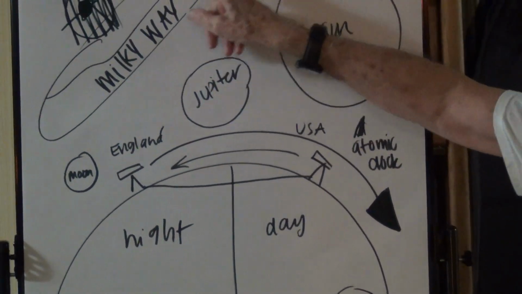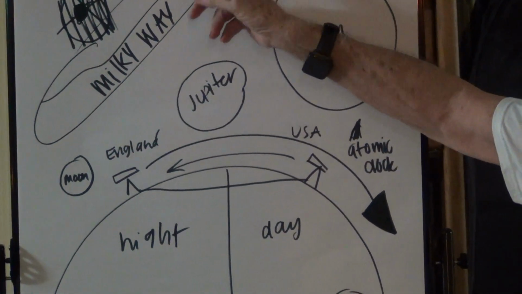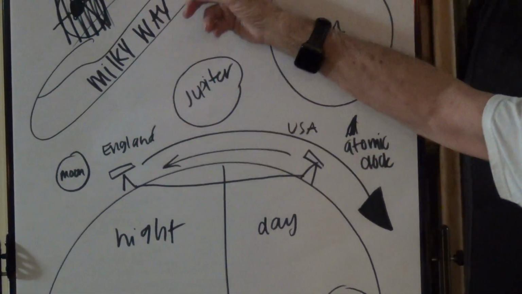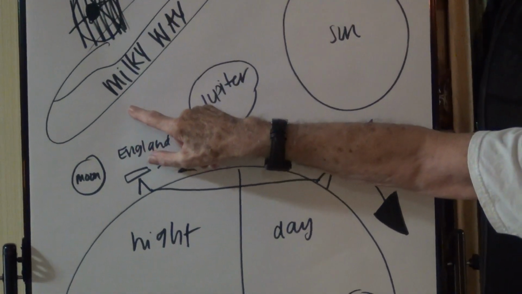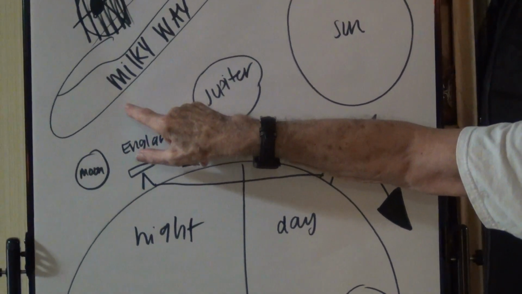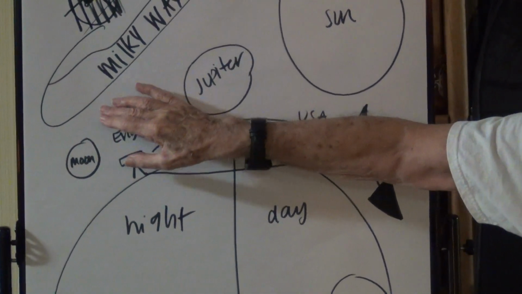And then we can start, as we talked about last week, the Milky Way. We can actually make a color picture of the Milky Way. We can tell where our stars are. We can tell where the Earth is in the Milky Way, our solar system.